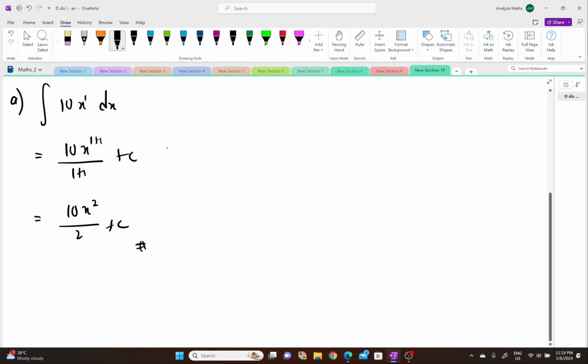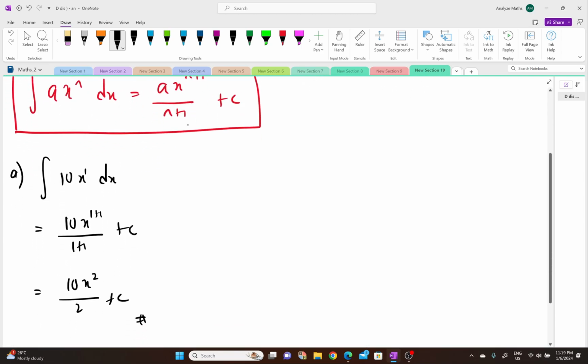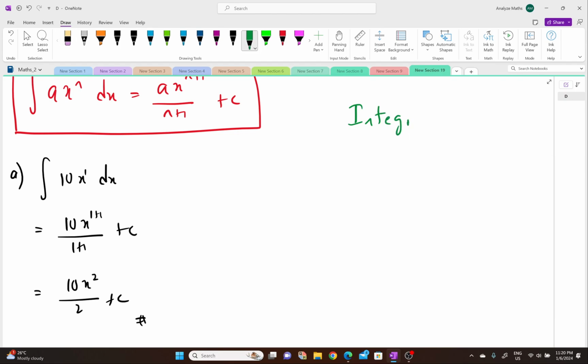Now, integration can basically be divided into two types. One is indefinite, the other one is definite.